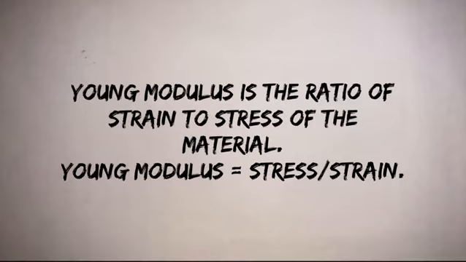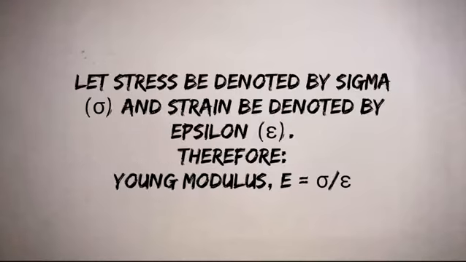Young's modulus is equal to stress over strain. Let stress be denoted by sigma and strain be denoted by epsilon. Therefore, Young's modulus E is equal to sigma over epsilon.